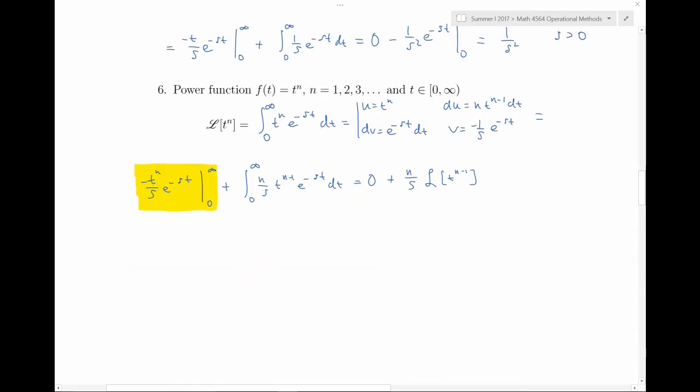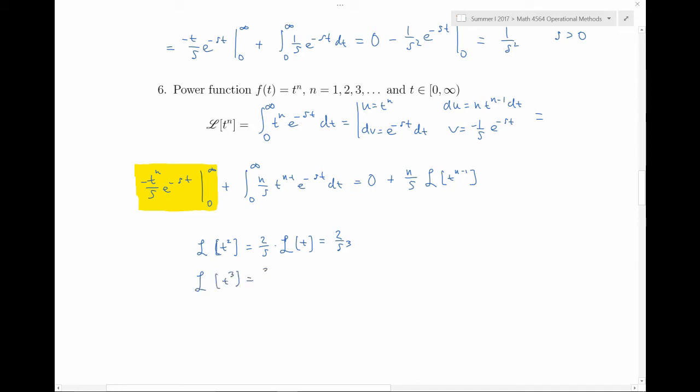So for example, we can say that the Laplace transform of t squared is going to be 2 over s times the Laplace transform of t, which we do know to be just 1 over s squared, so this becomes 2 over s cubed. What about the Laplace transform of t cubed?